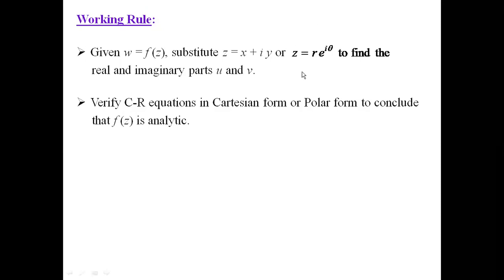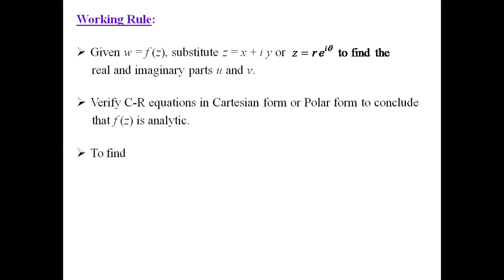If we have taken the polar representation of z, which is r into e power i theta, then we verify CR equations in the polar form, given by r ur is equal to v theta and r vr is equal to minus u theta, to conclude f of z is analytic.